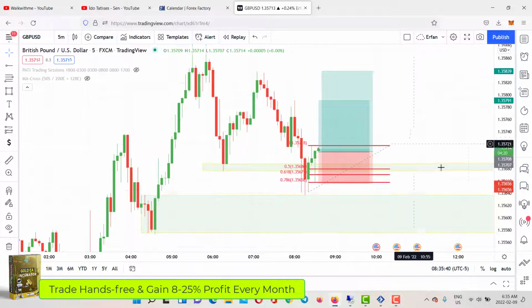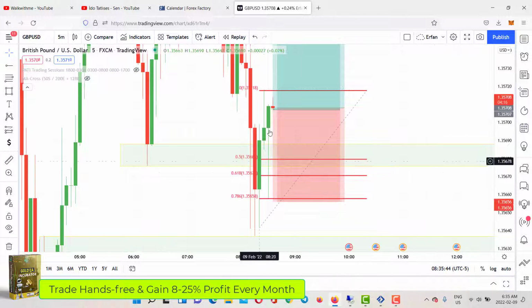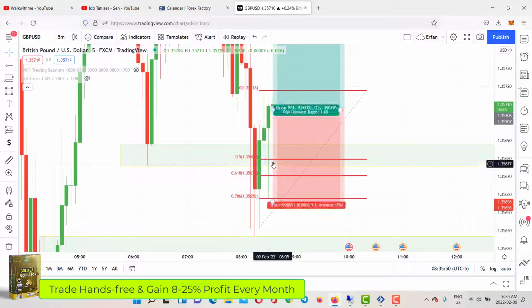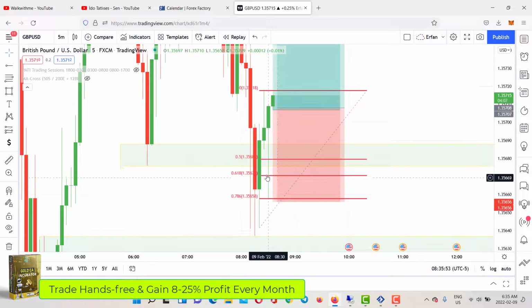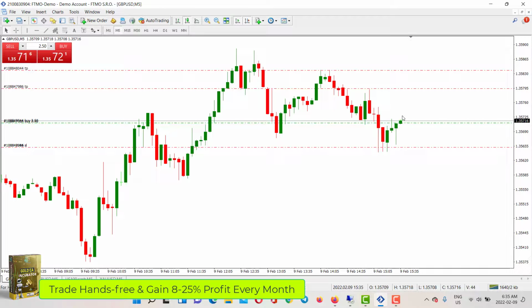Okay guys, I actually entered my trade here. As I said, I just wanted to wait for this breakout structure, correction, and then rejection. Can you see this beautiful rejection for Fibonacci? 50%, 60%, 70%, all these zones got rejected. So it means that buyers have enough power to enter the market.